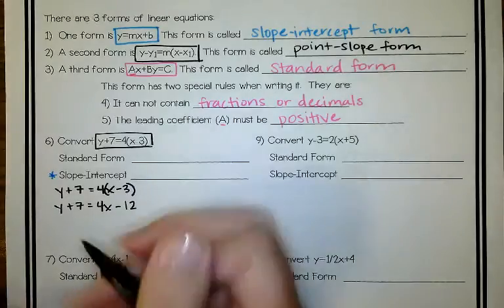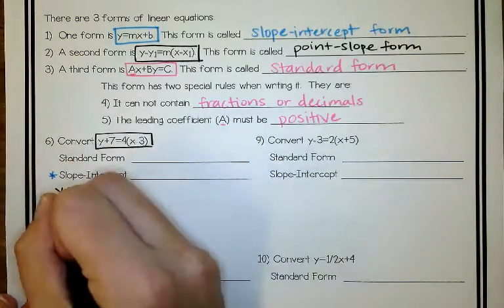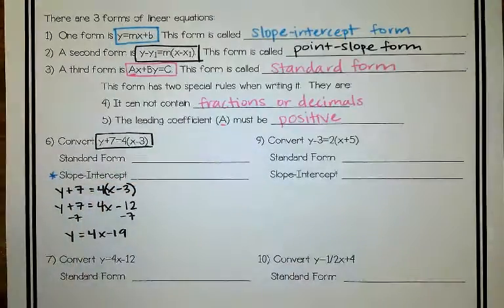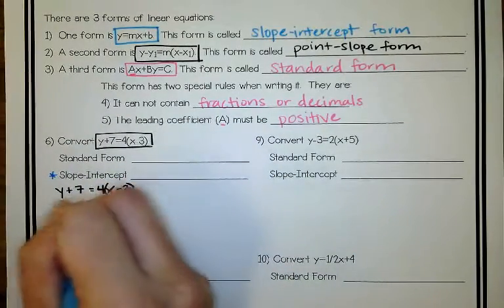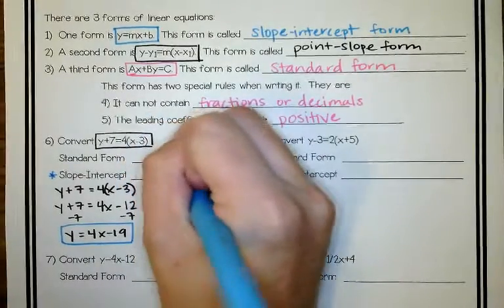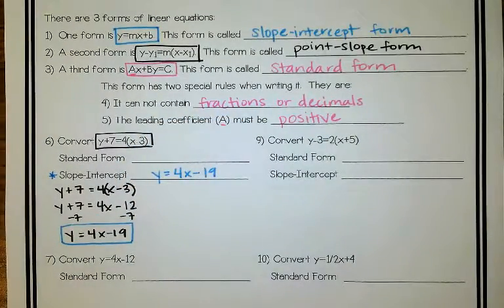Now we are going to subtract our 7 from both sides, so we will have y equals 4x minus 19. So this right here, my y is completely alone, so my slope-intercept form is y equals 4x minus 19.